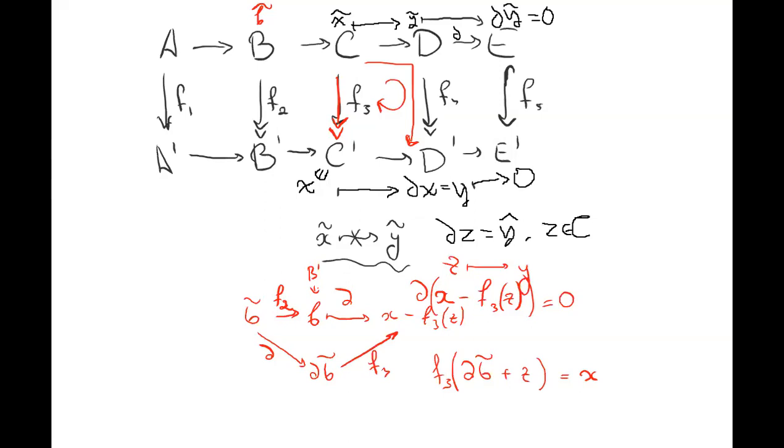So there are situations in which you can use this 5 lemma to check that the middle term is an isomorphism, where you know that all maps are isomorphisms, but not just monomorphism and epimorphism on the left and right sides.